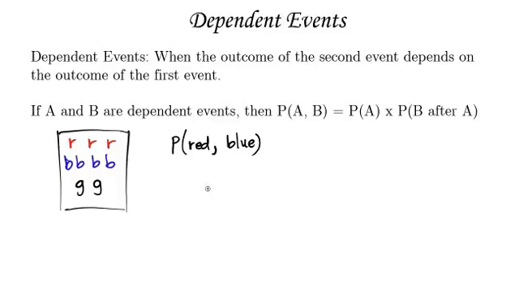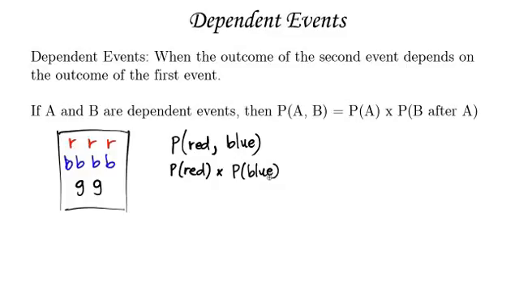Then for the second event, the probability of picking a blue is going to be slightly different because the total number of marbles is different. There's less marbles. That is why these are dependent events, because the probability of picking a blue is not going to be the same as if we were to place the marble back in. So this will be the probability of red times the probability of blue, and again, we're not going to replace it.